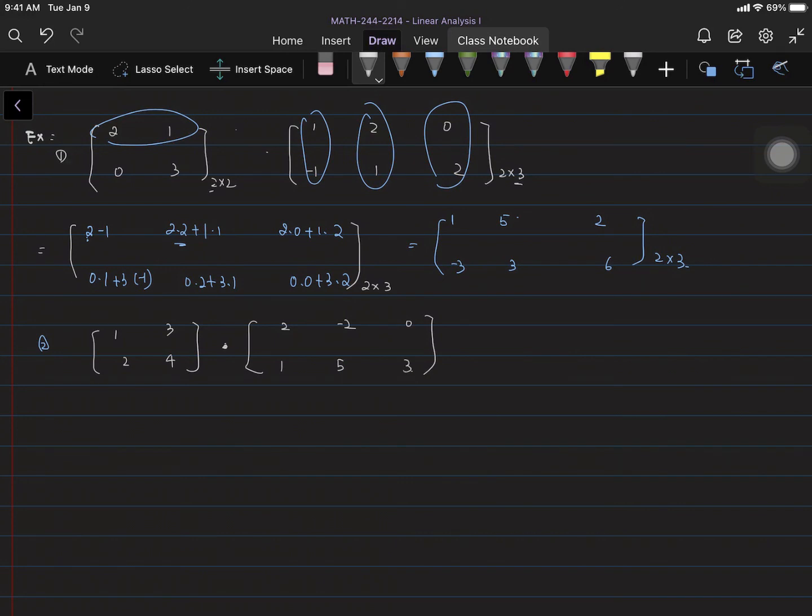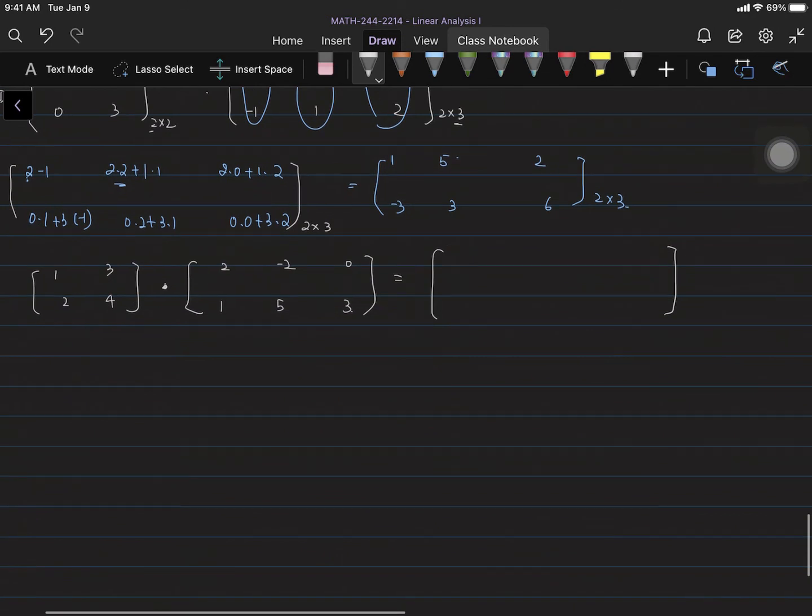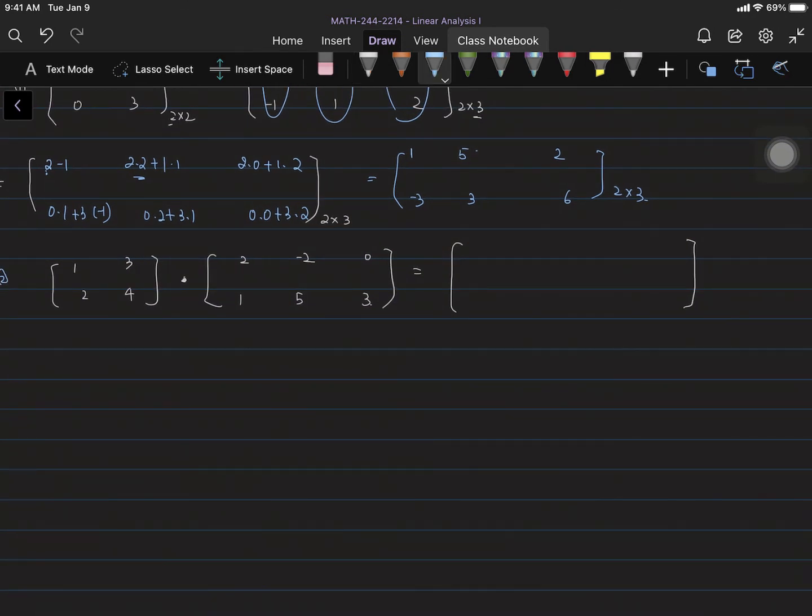Firstly, please write down the size of the resulting matrix and then fill in all the blanks. Let's take a look at the solution. 2 by 2 times 2 by 3, so the result should be 2 by 3.